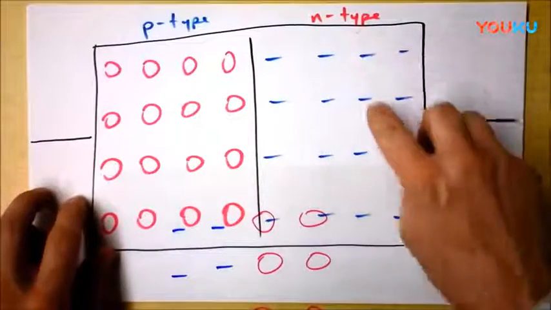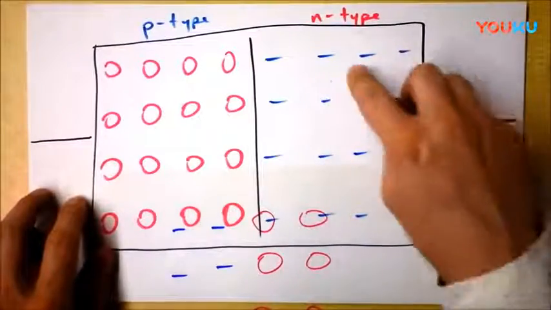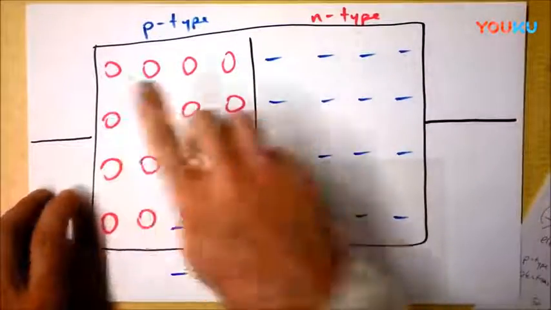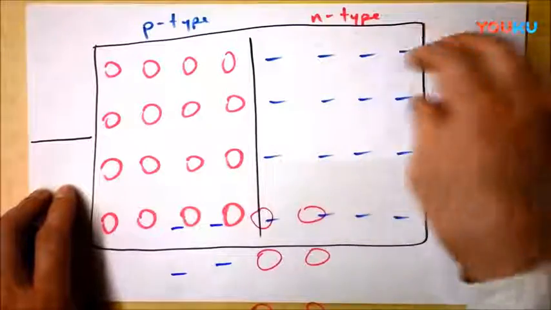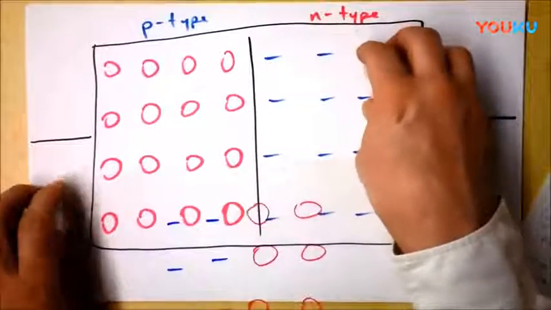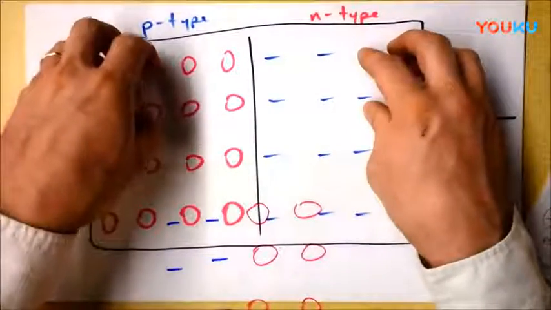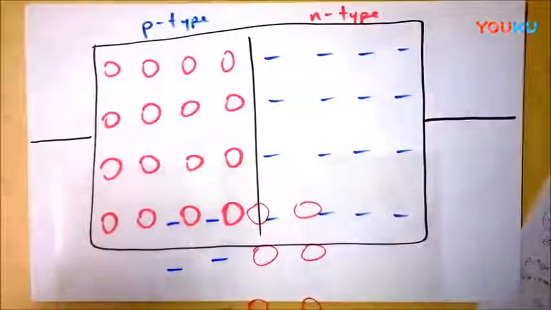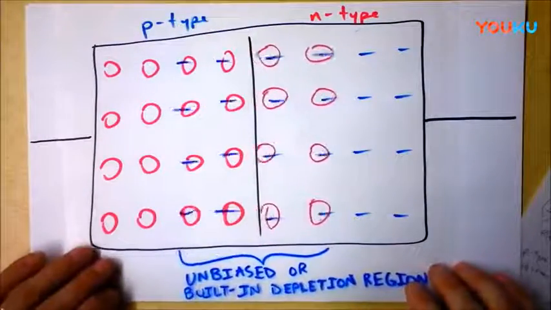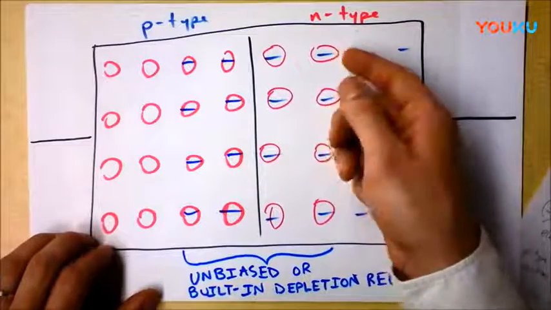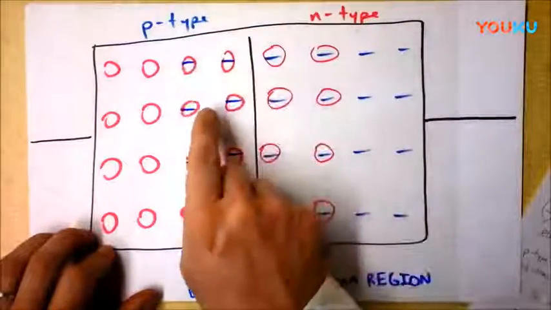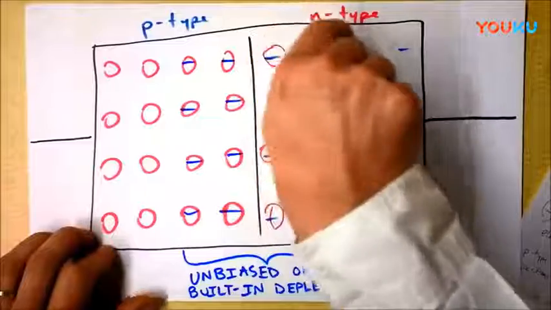This is neutral. The N-type naturally is neutral, and the P-type naturally is neutral, but the electrons are free to move. There are holes that are built in over here, and there are electrons that are trapped into the covalent structure over here. So, I've got electrons moving over there during the connection, and holes moving over there.